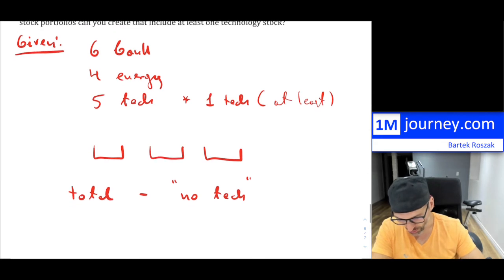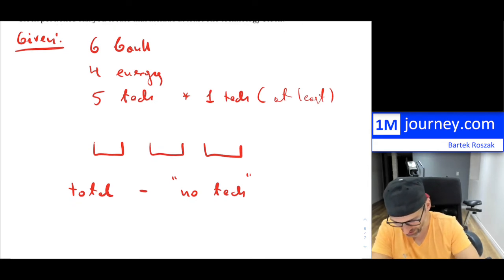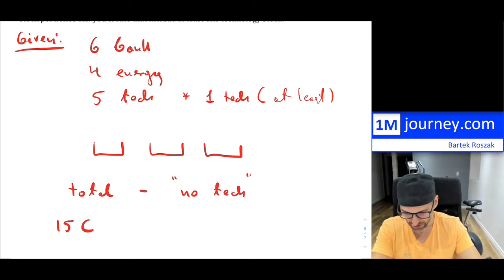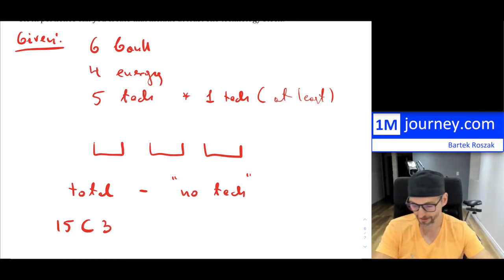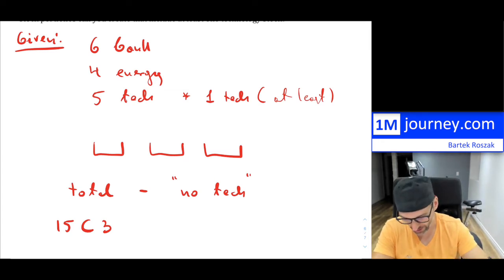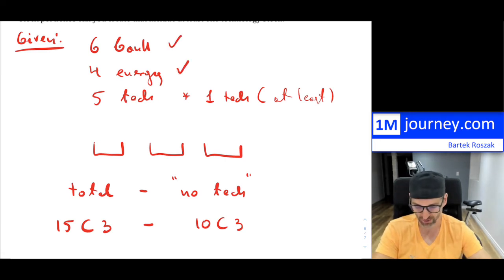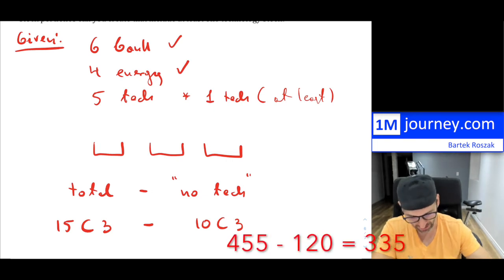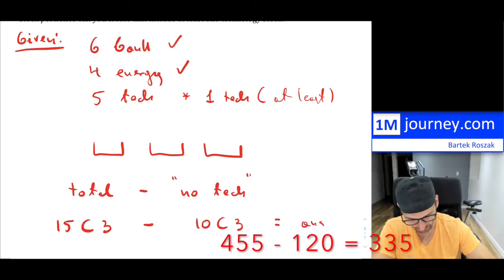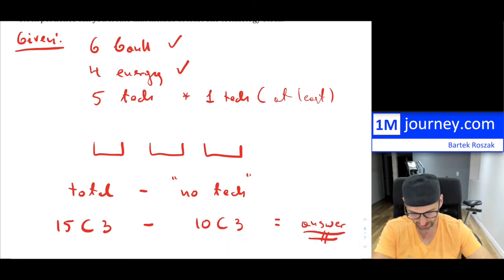Well, the total, we have 6, 4, so that's 10, so that's 15 different stocks, choose 3 of them, because the order doesn't matter here. That would be the total number of 3 stock combinations we could create. Now, with no technology stocks, we have to remove those, so that would be 10 choose 3, which would be just the banking and energy stocks, and we want to see how many 3 combinations we can make out of those. And then that would be your answer. So you can set this up like that.